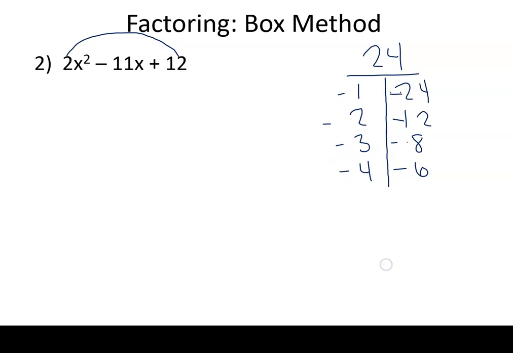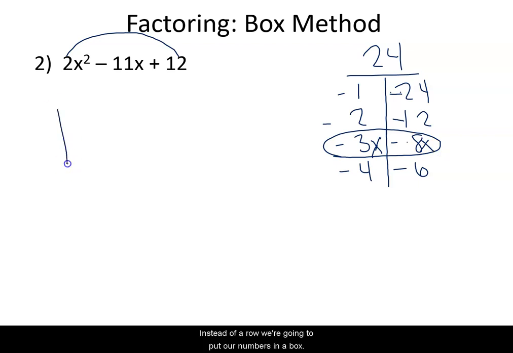-3 and -8 make 11. As soon as you choose your group, put your X's so you can remember that these are going to replace -11x. So instead of a row, we're going to put our numbers in a box.